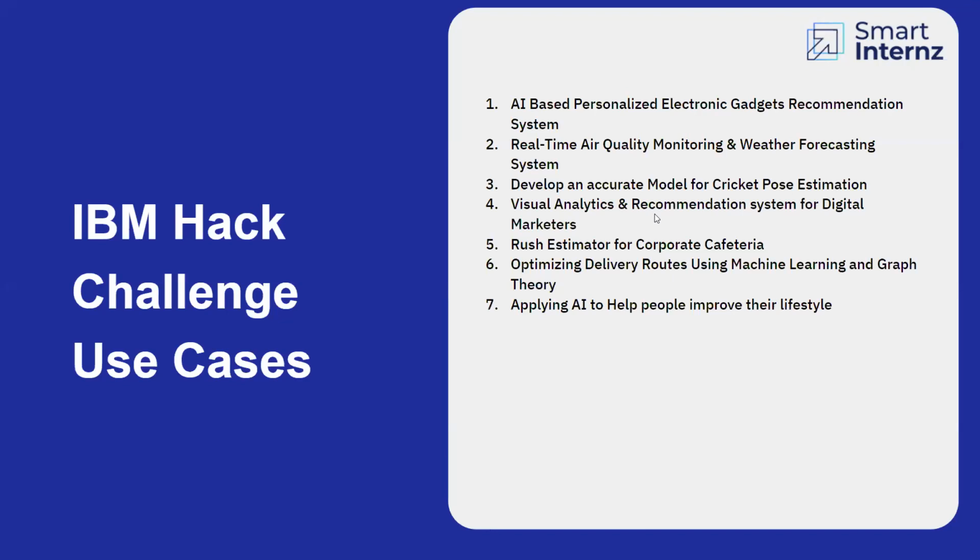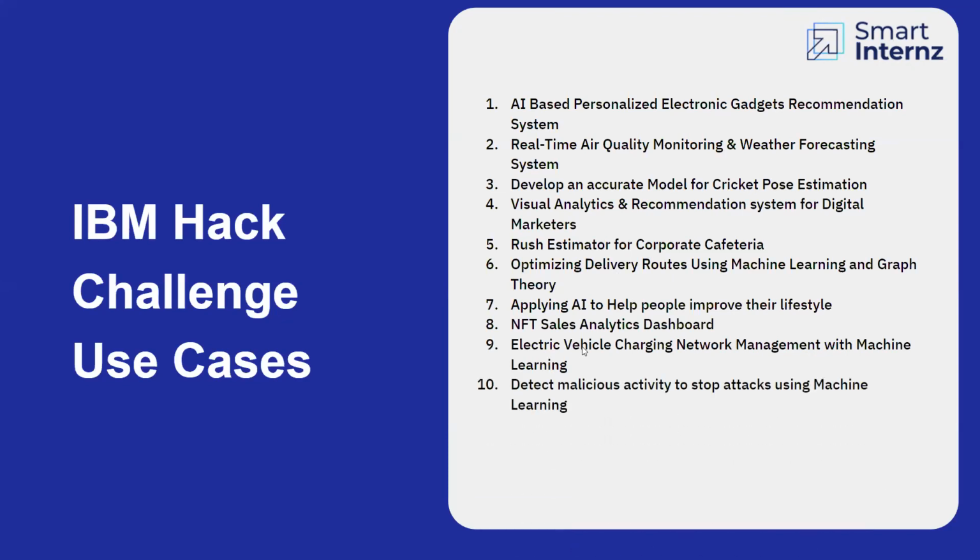Today we are going to explain the next 7 problem statements. The 8th problem statement is NFT sales analytics dashboard. The 9th is electric vehicle charging network management with machine learning. The 10th is detect malicious activity to stop the attacks using machine learning. The 11th is anomaly detection in network traffic using machine learning.